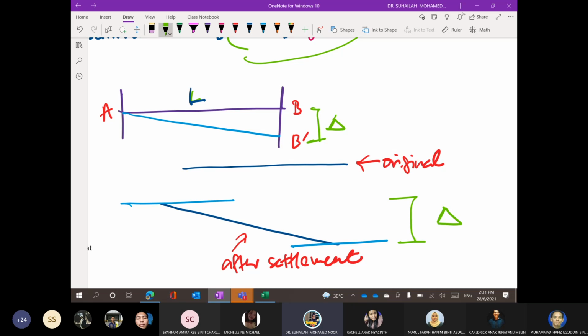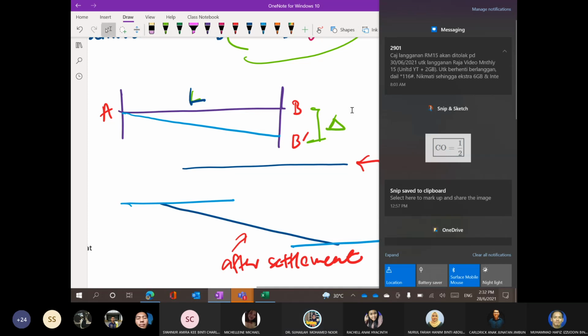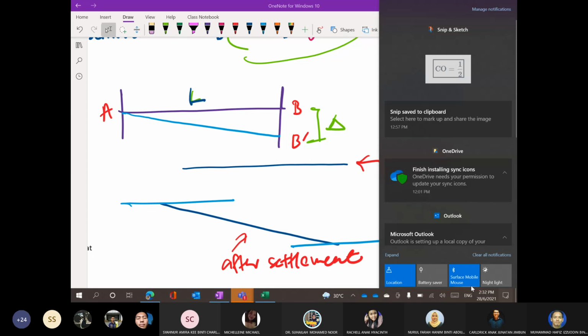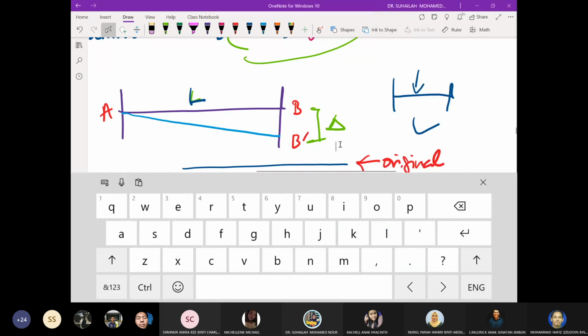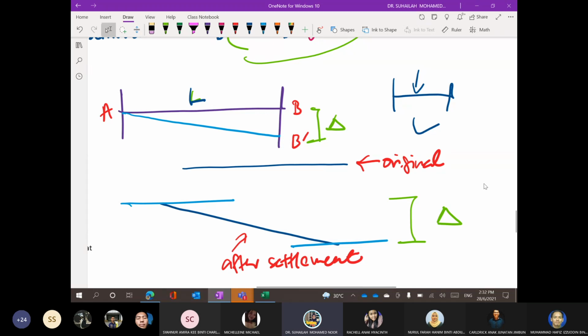In the previous case, we had FEM like this whenever the beam is subjected to a point load: the beam will bend, and the moment acts like this due to the behavior.